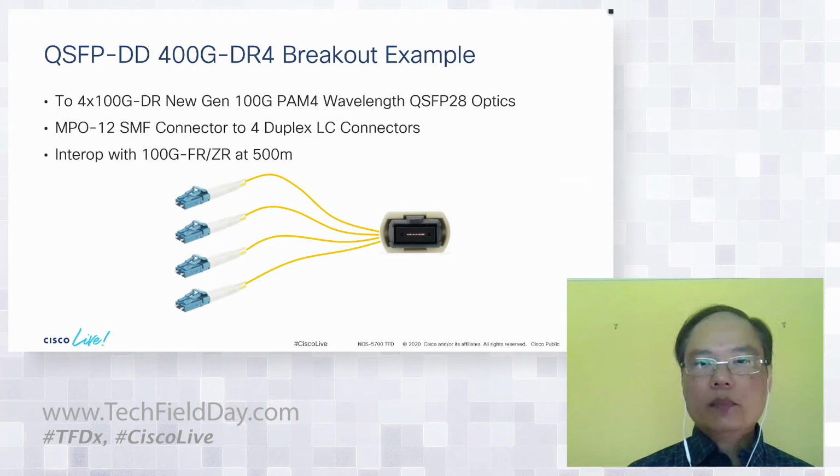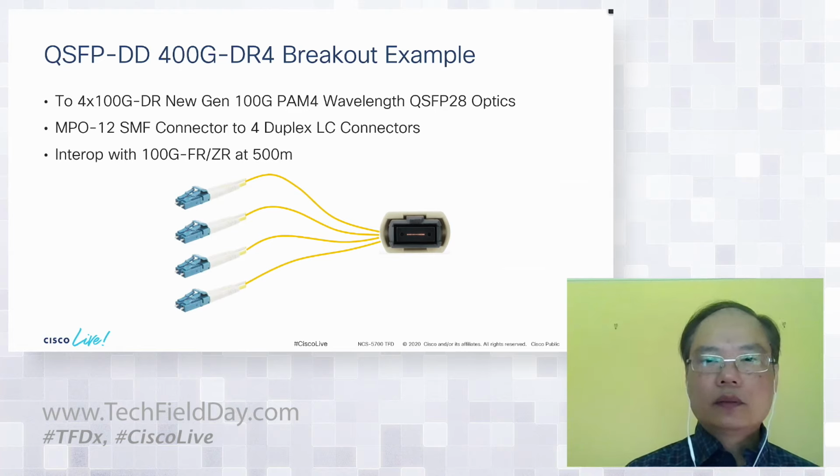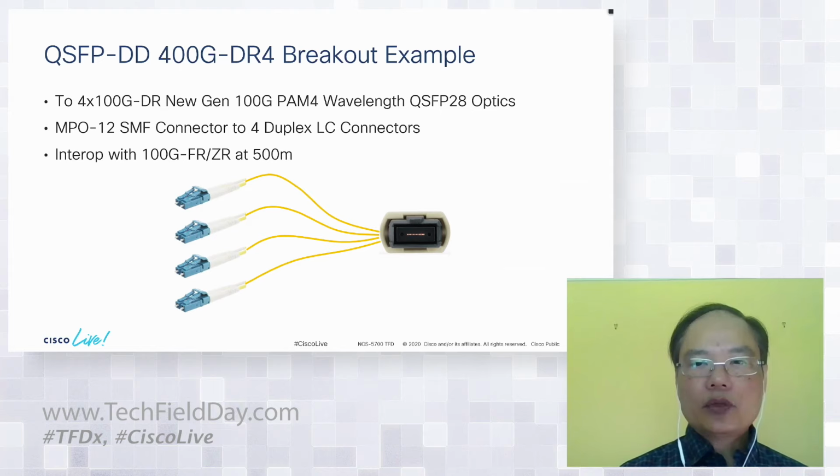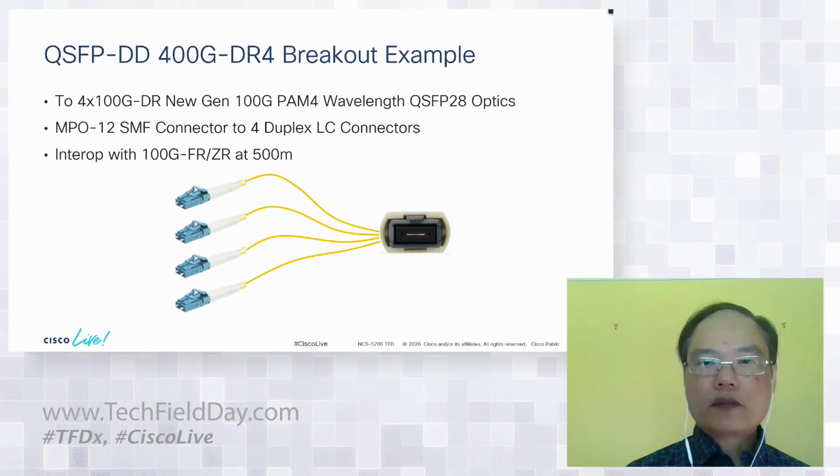This is a quick example of 400 gig DR4 breakout. Please note, this requires a new generation 100 gig wavelength optics on the QSFP28 side, such as the 100 gig DR. The DR4 optics uses MPO12 connectors for high density 4 pairs of single mode fibers.